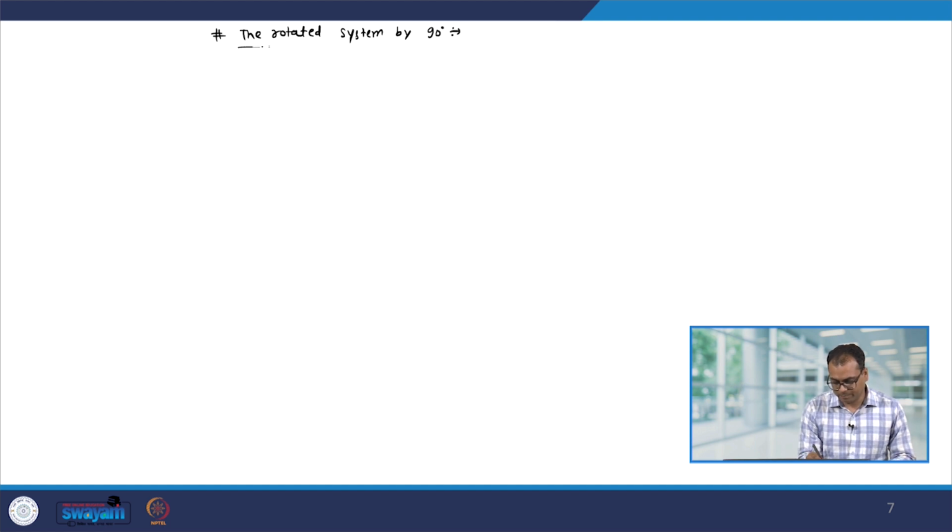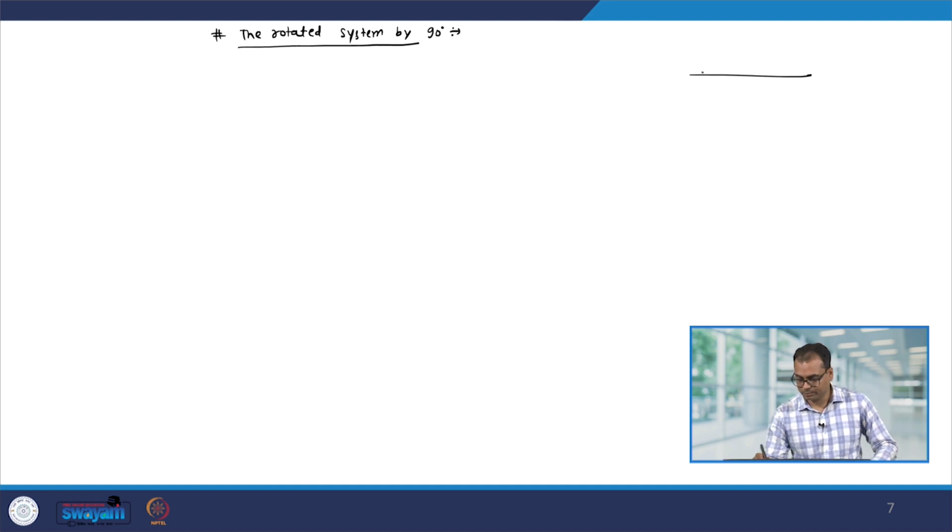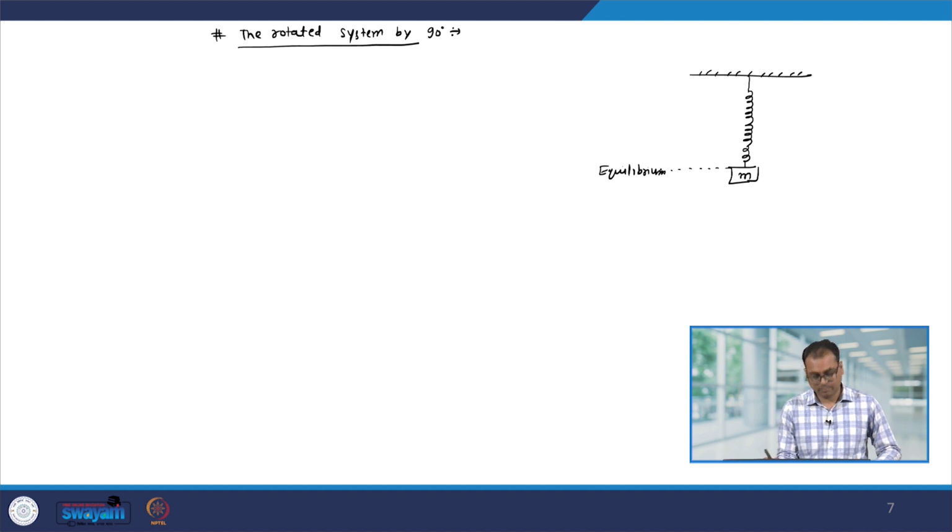By 90 degree. So, now the configuration that we have is the following. We have a mass which is hanged by a spring, okay. And let us say when you hang the mass, then we have the equilibrium, okay.